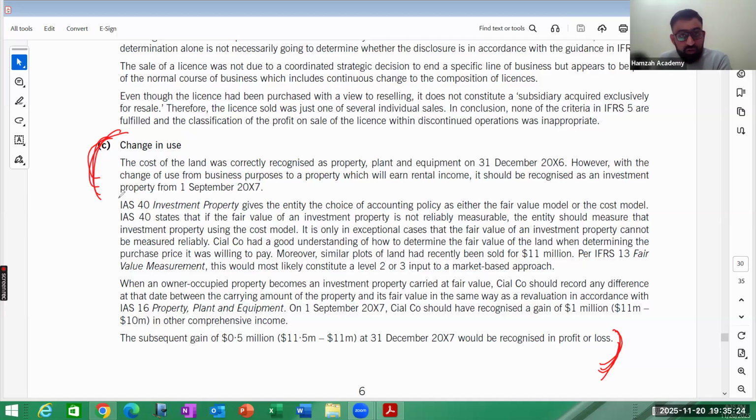So on 1st September, 1 million gain should be recorded in other comprehensive income. Yes, after the transfer, any further increase or decrease in fair value will be recorded in profit and loss. So as I told you, 1 million should be recorded in other comprehensive income, and 0.5 million should be recorded in profit and loss account. Yes, got it?